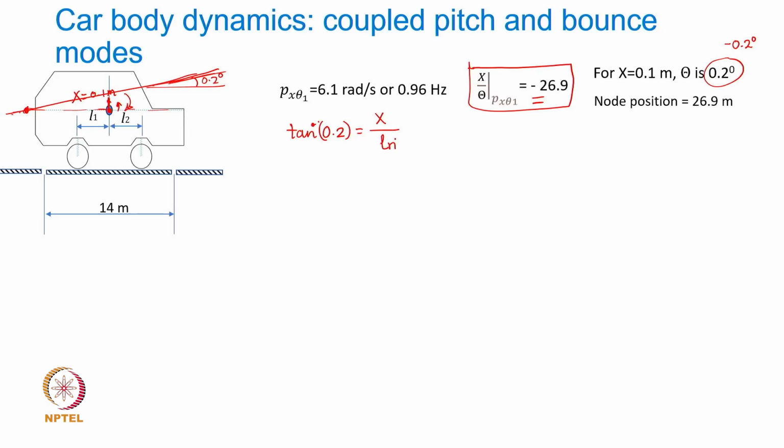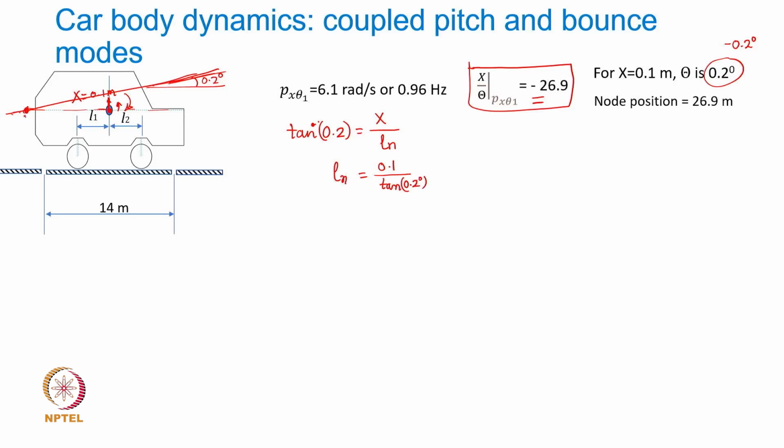Okay. Now what is capital X? We have displaced it by 0.1 unit, and I want to find out this distance ln. So this is 0.2 degrees, and that is my ln.